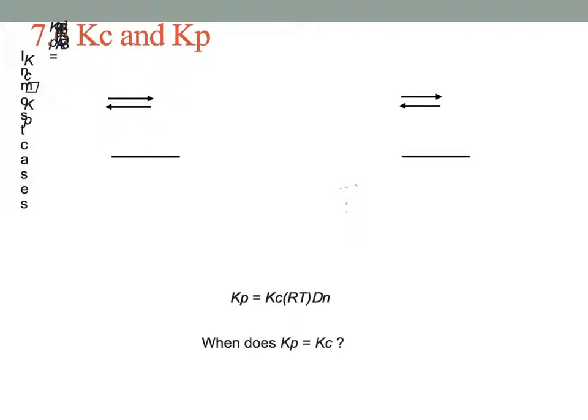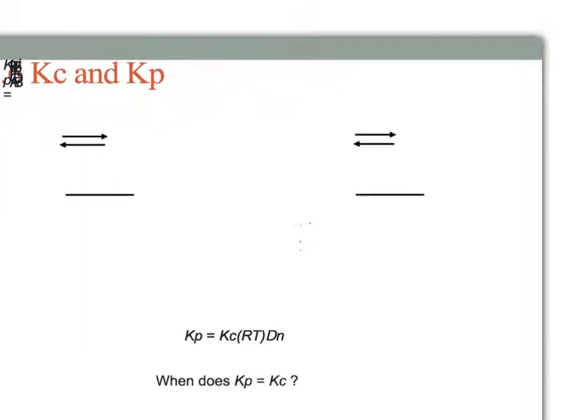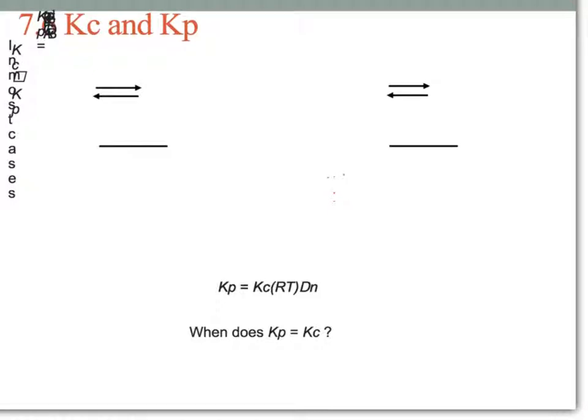Okay, so this is the relationship. If you see the equilibrium constant written like this for a gas, we pretty much can anticipate that it's implied that we're talking about Kp. If you see it written like this, you know we're talking about the equilibrium constant for the gas expressed in concentration.